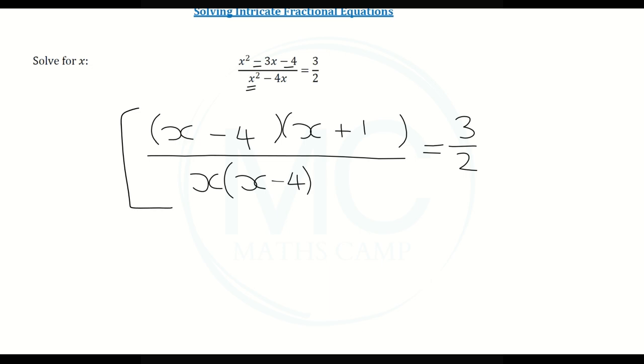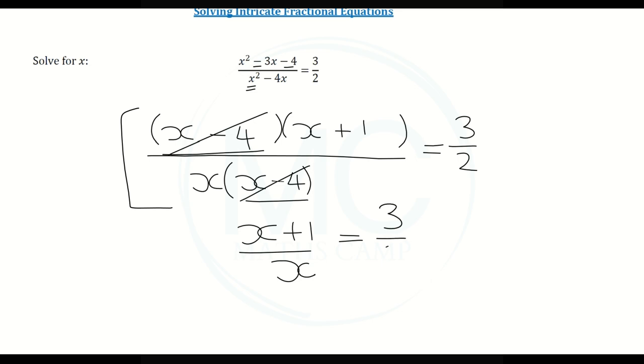Looking at this big fraction over here, we've got x minus 4 and x minus 4, which means that these brackets will cancel out. And we are left with x plus 1 in the numerator and x in the denominator. And we make this equal to 3 over 2.